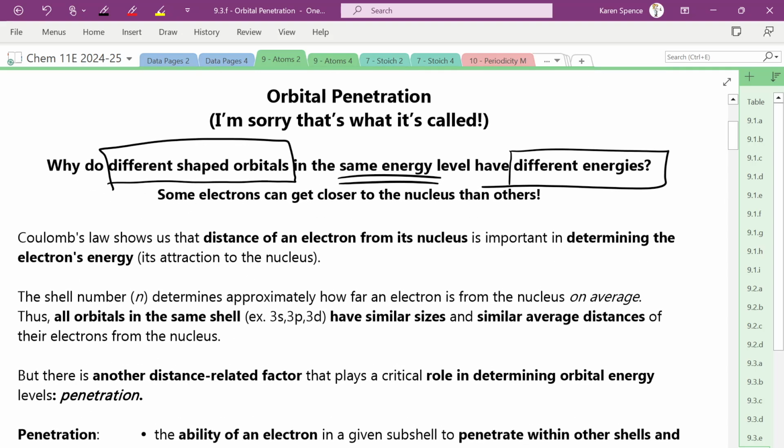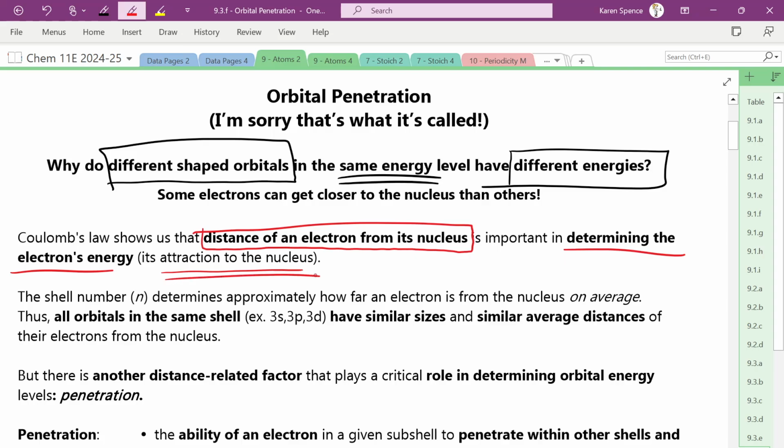Well, Coulomb's law says the distance of an electron from the nucleus is important in determining the electron's energy. In essence, its attraction to the nucleus. How could we write a mathematical statement saying that the Coulombic force is proportional to, and have a little chit chat with your neighbor about what we should put on the other side?